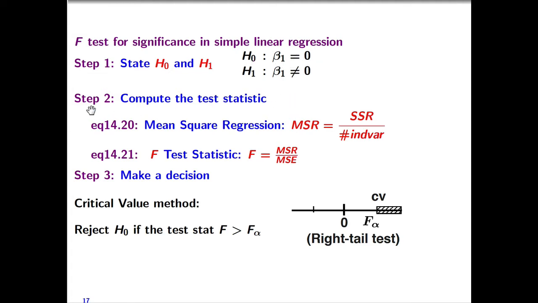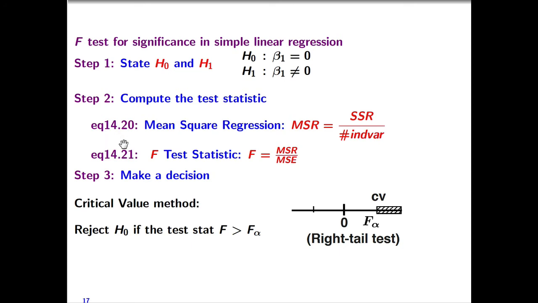And then step number 2, we will compute the test statistic. We use equation 14.20 to find the mean square regression, which is MSR. This is equal to SSR over the number of independent variables, or the number of x's. In this case, x is 1.